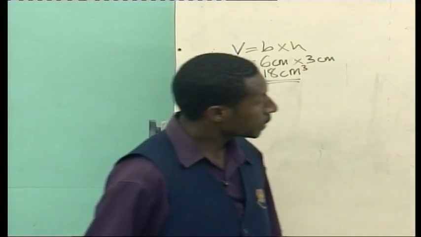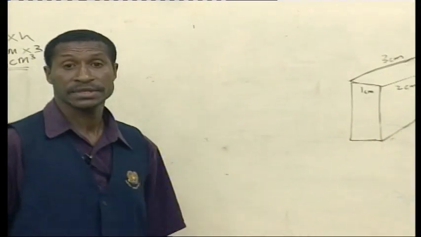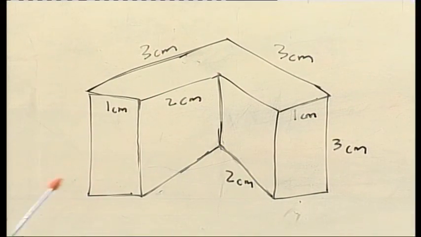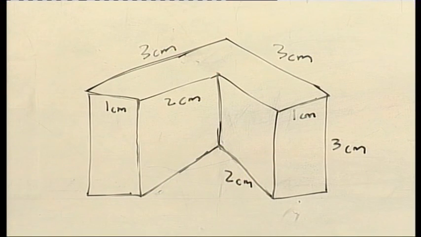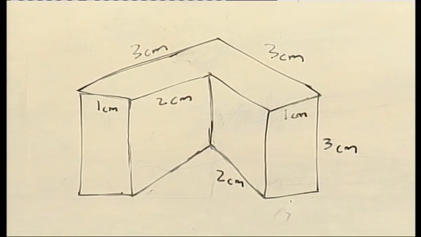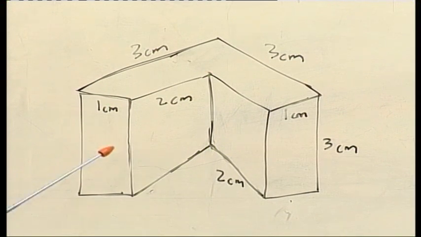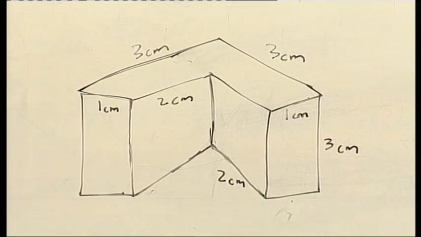Now, receiving students, from this prism given here, we have a height which is 3 centimeters. There are many ways that you can find the volume of this prism.